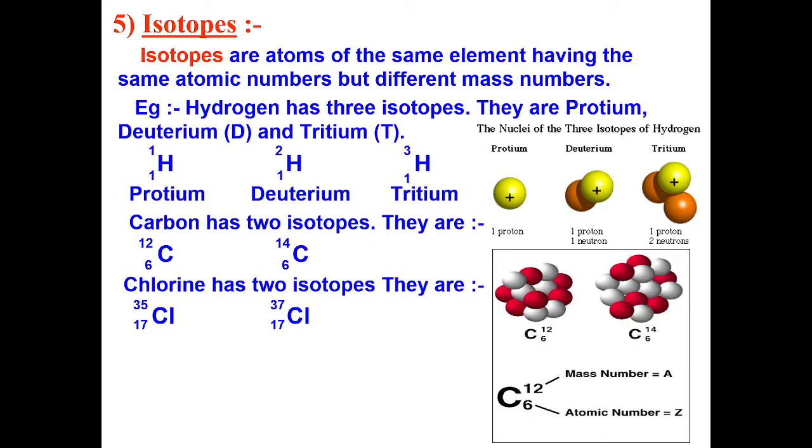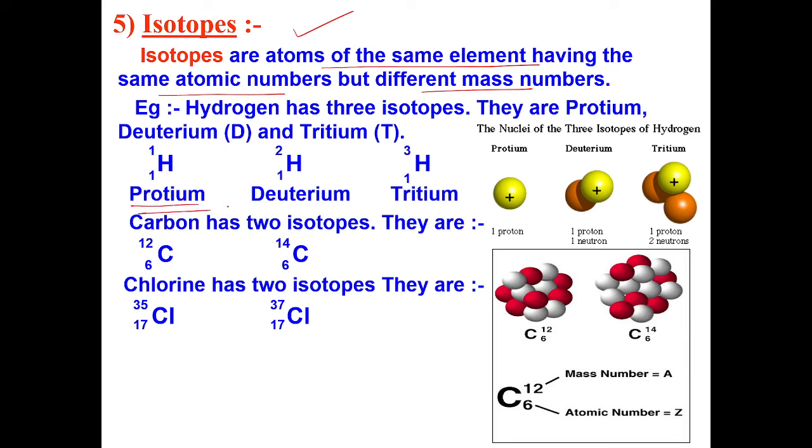Now let us look at isotopes. They are atoms of the same element having the same atomic number but different mass numbers. For example, we can take hydrogen. We write it like this: hydrogen 1H1, 1H2 and 1H3.